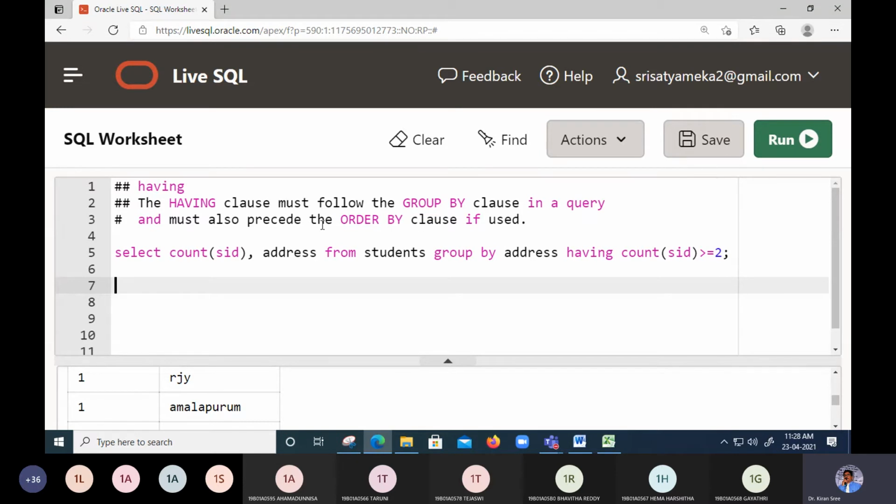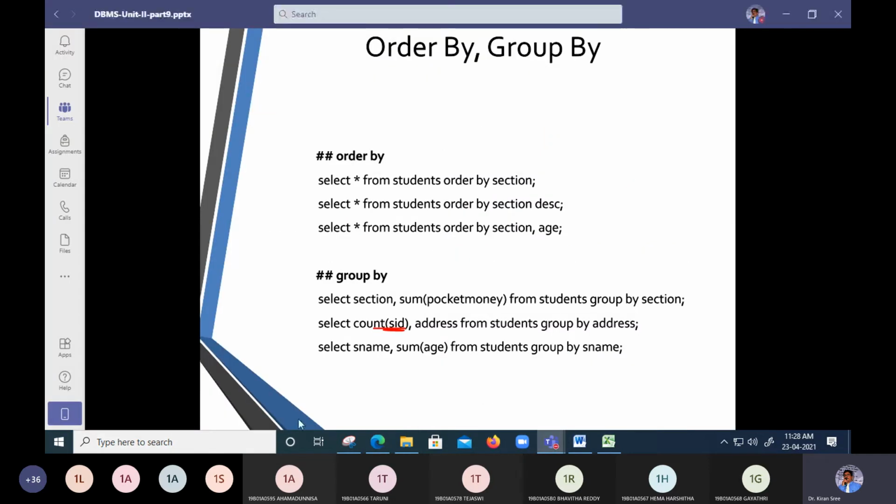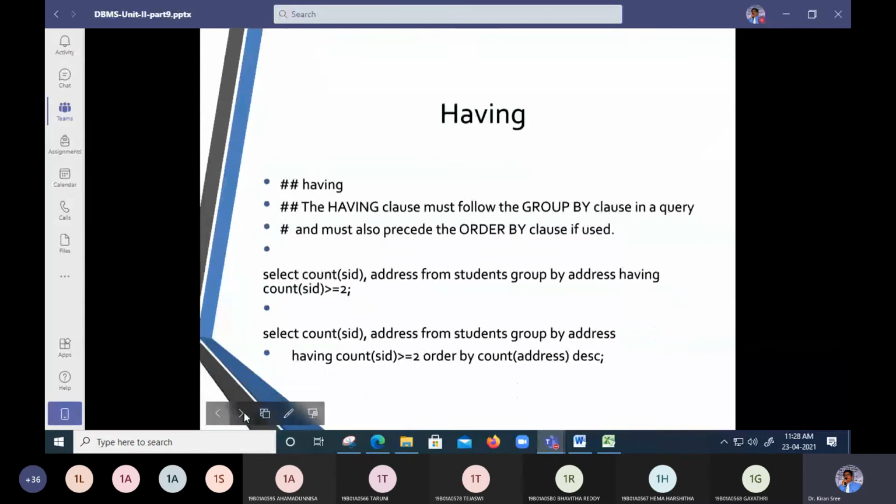And in a query, it must precede the order by clause if used. So this is the mandatory condition if we are going to use a having clause. The having clause must follow a group by clause.